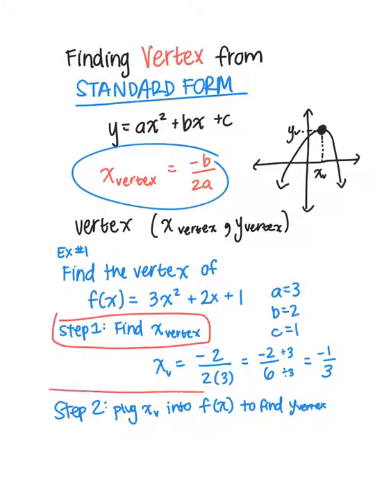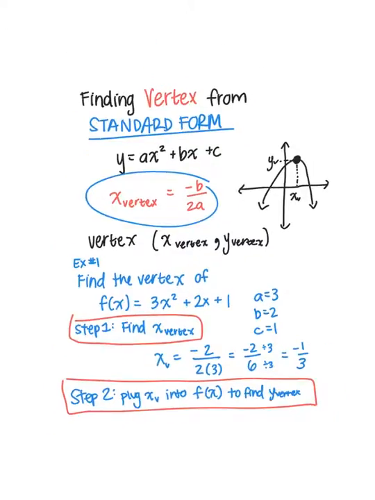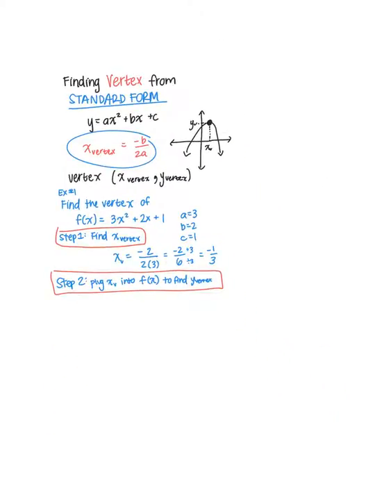Okay, so here we have f of negative 1/3 equals, right? Negative 1/3 is the input into the f function, so it's going to be 3 times negative 1/3 squared plus 2 times negative 1/3 plus 1. Remember, we're looking at the original and plugging in our input into the function.